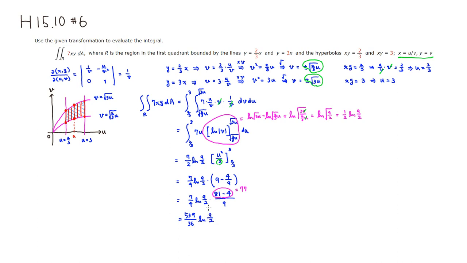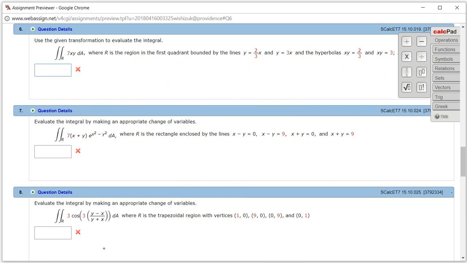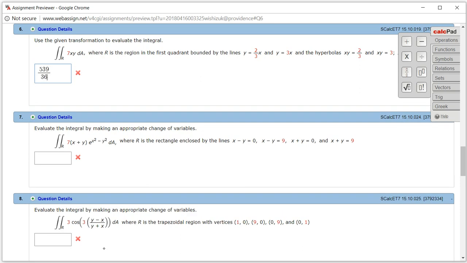All right, so let's type it in. So we got 539 over 36 and a natural log of 9 over 2.